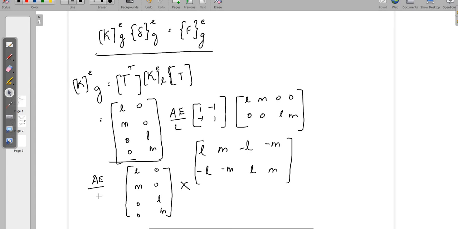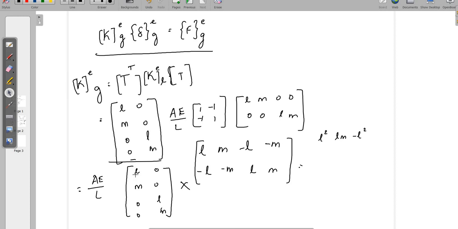Previously it is AE by L. So if you multiply this, L multiplied by L is L square. 0 multiplied by minus L is 0. So the first value is L square. Next one, L multiplied by M is LM. 0 multiplied by minus M is 0. So next one LM. Next one, L into minus L, that is minus L square.